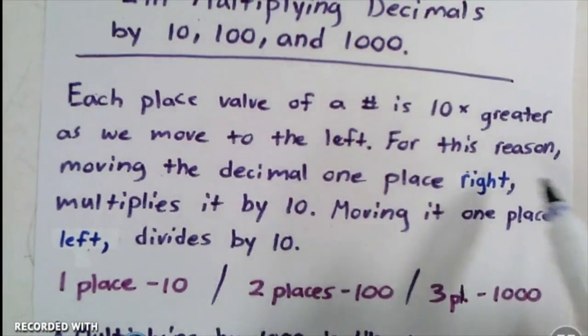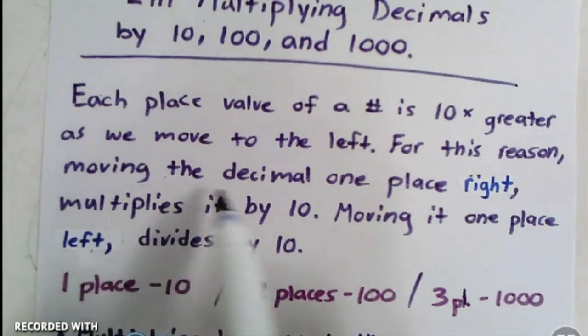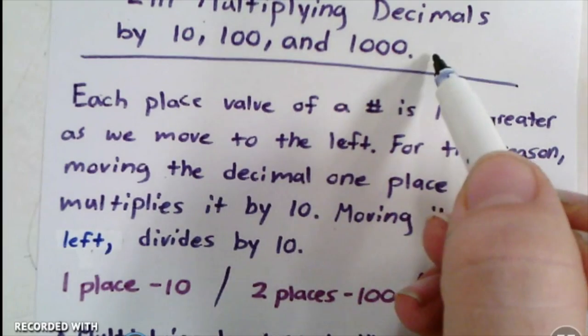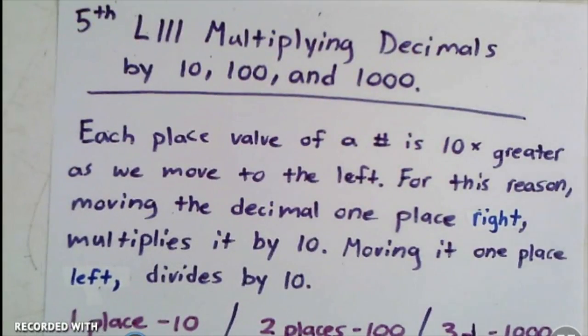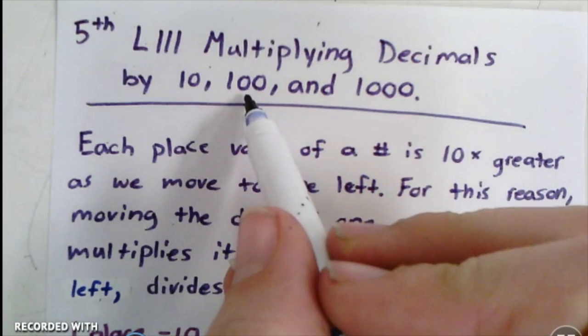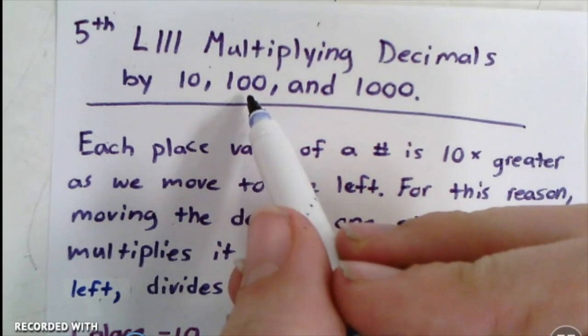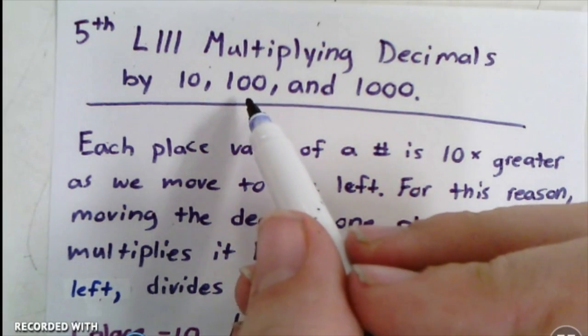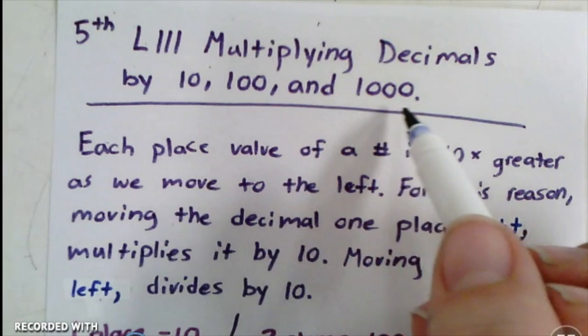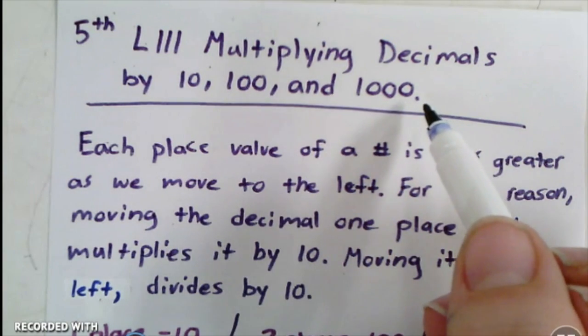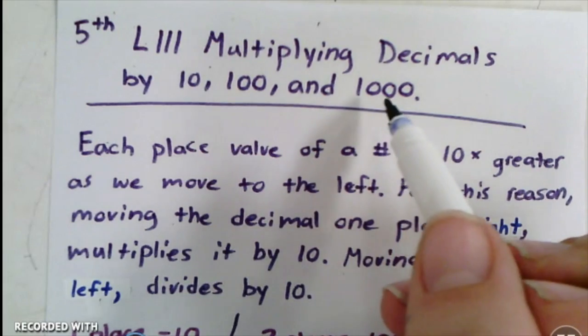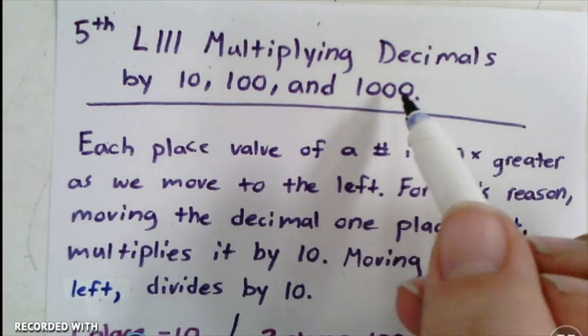So what this means is that if we move the decimal one place to the right, it's the same thing as multiplying it by 10. If we move it two places to the right, it's like multiplying it by 100, because 100 is 10 times 10. If we multiply it by 1,000, we're going to move it 3 places to the right, because 1,000 is 10 times 10, which is 100, times 10, which is 1,000.